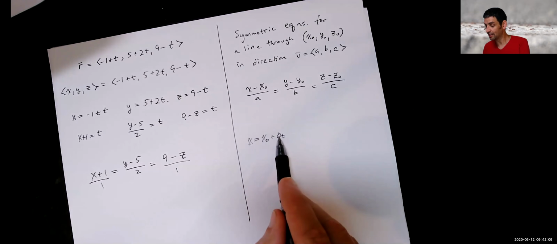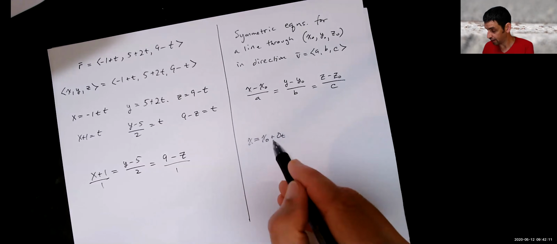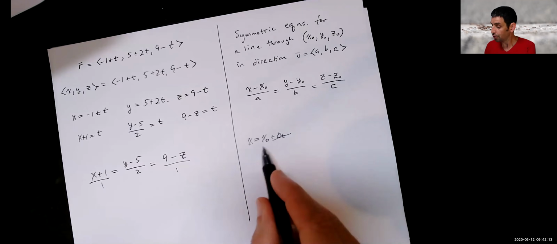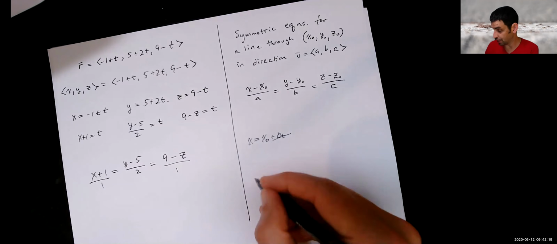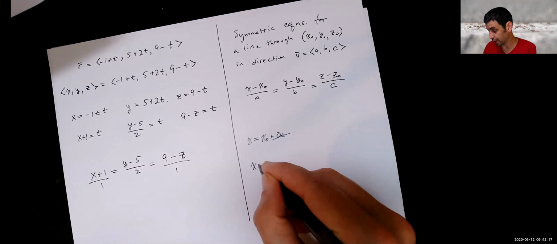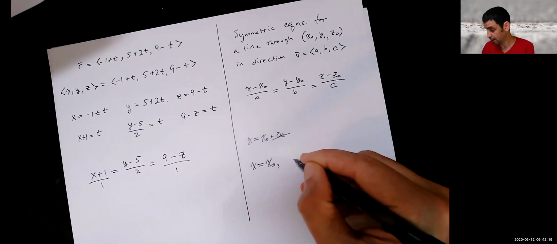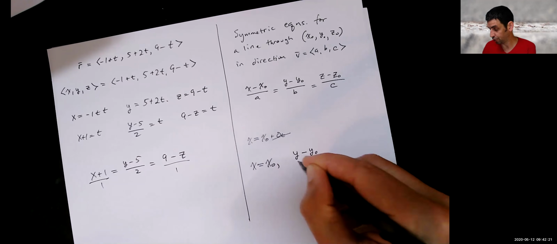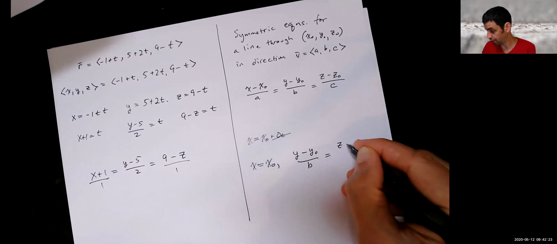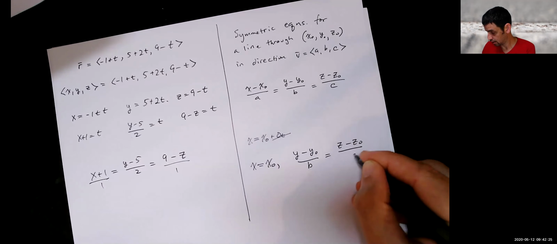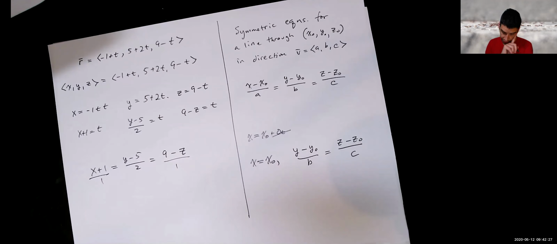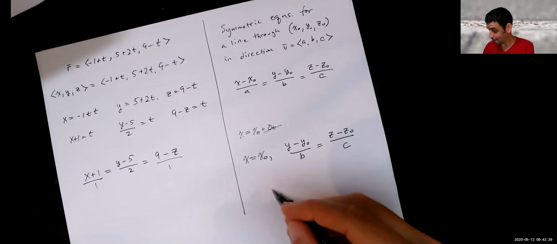And so we can't really solve for t in this case. In fact, this disappears. So in the case that a was equal to 0, our symmetric equations would just look like x equals x naught, and then we have the other 2 portions of this symmetric equation, right? What does that mean?